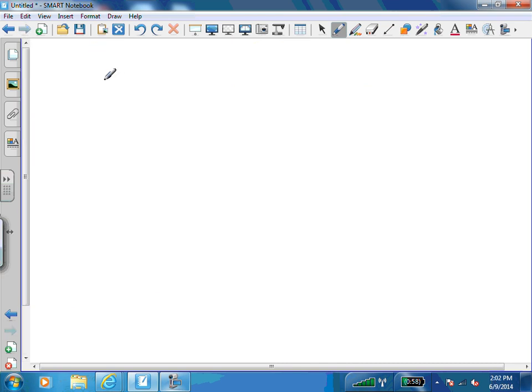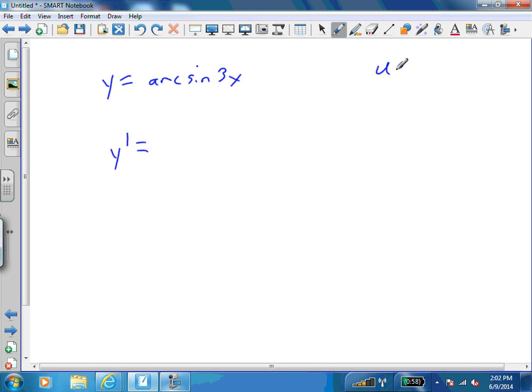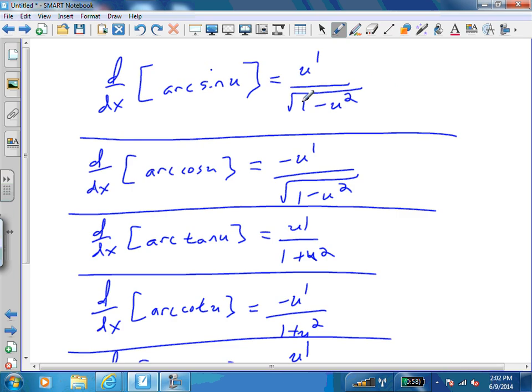So if we have y equals arc sine 3x, and we want to take the derivative, then we're going to let whatever we're taking arc sine of be u. We need to know u prime and u for our derivative.